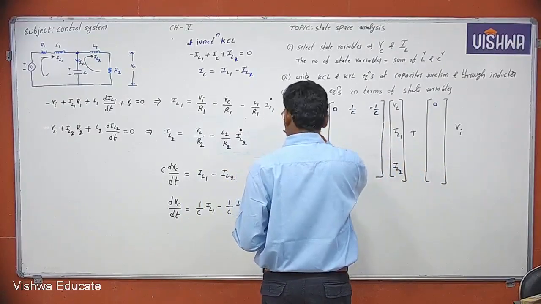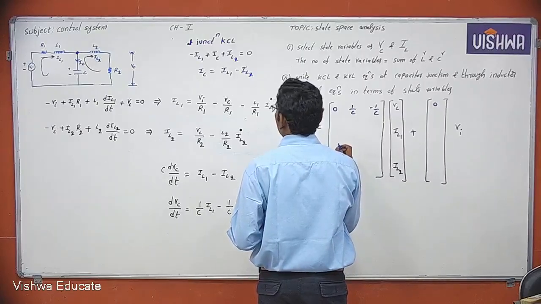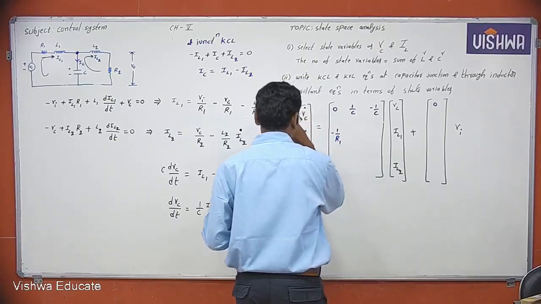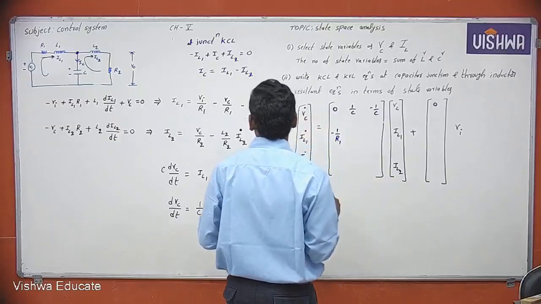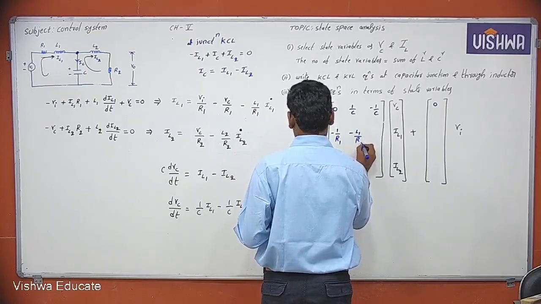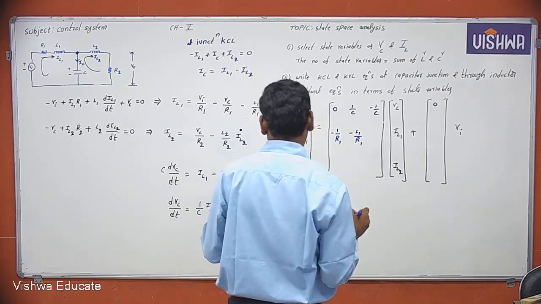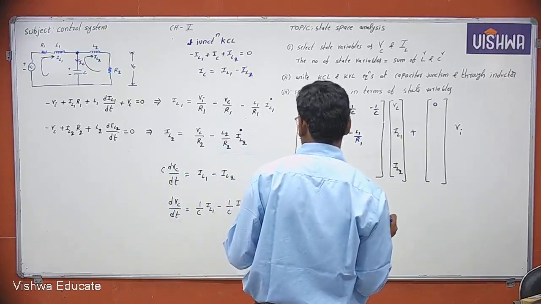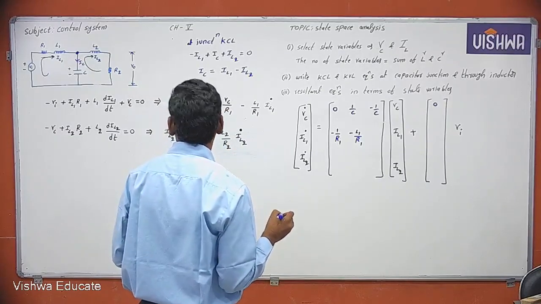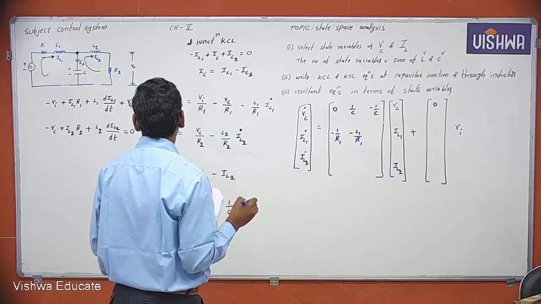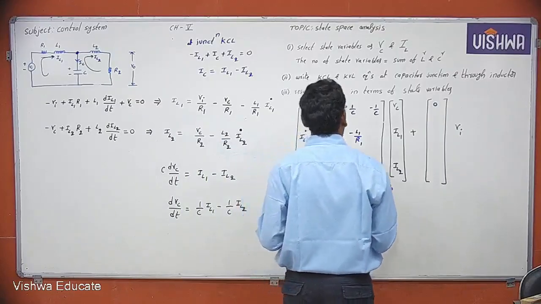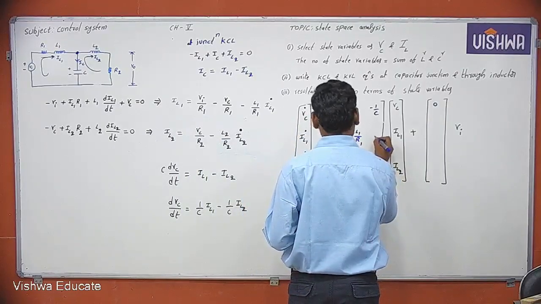Now IL1 dash is nothing but Vc is minus 1 by R1, minus 1 by R1, minus L1 by R1. Now IL2 is 0.